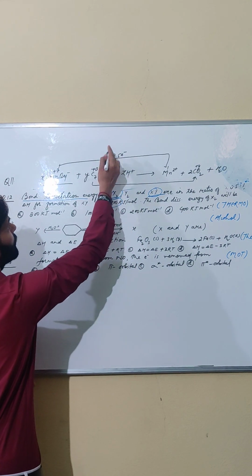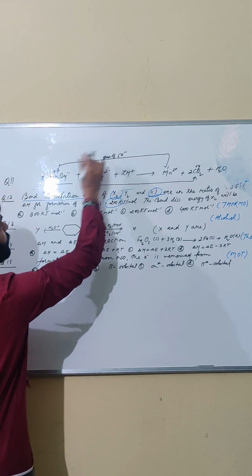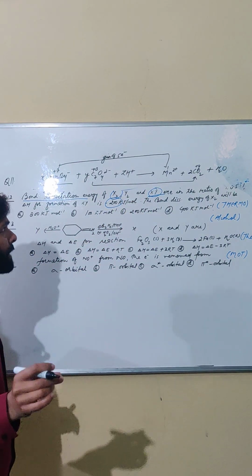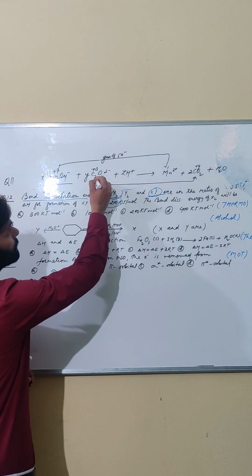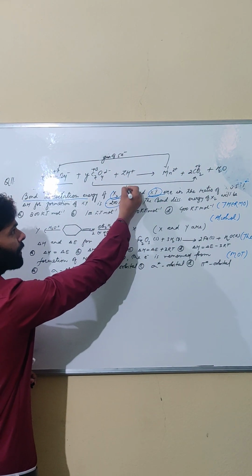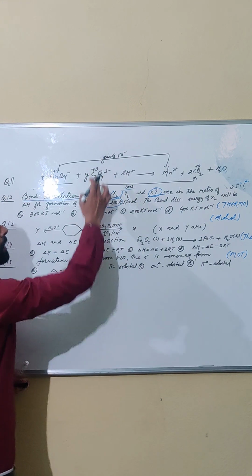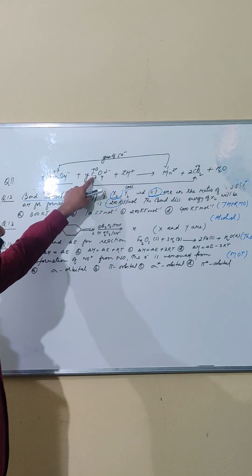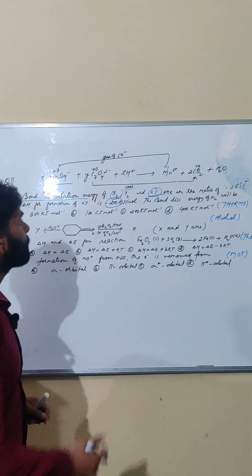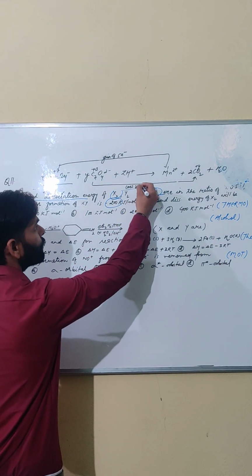Sorry, this is gain, because plus 7 to plus 2, gain of 5 electrons. Positive charge is decreasing. In carbon, 2 3s are 6, 2 4s are 8, so total change of 2 electrons, and this is loss. Why? The oxidation state of carbon is increasing from plus 3 to plus 4, that is loss of electrons, and the total loss of electrons is 2.